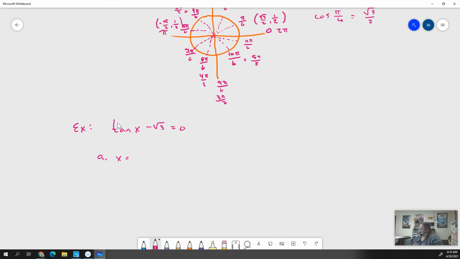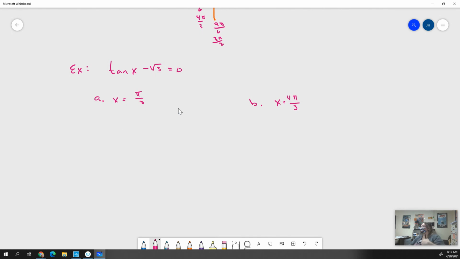We've got to give our x values first, a: x equals pi over 3, and then we'll do b over here, which is x equals 4 pi over 3. So if I have to verify if it's true when x equals pi over 3, all I'm doing is plugging that in, right?